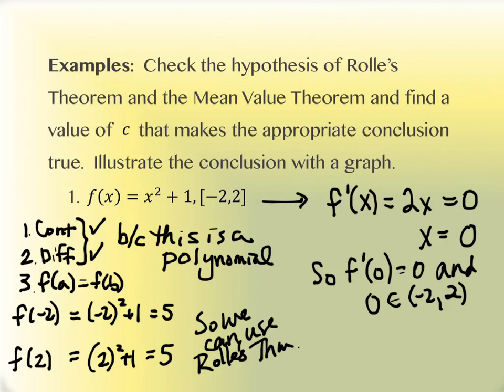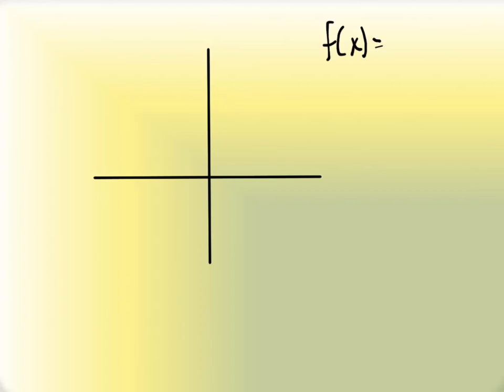You probably know what this graph looks like. I think you should. If you don't, you want to grab your calculator, that's okay. Do you know what this graph looks like? It's a parabola. What's the y-intercept? It's at 1.